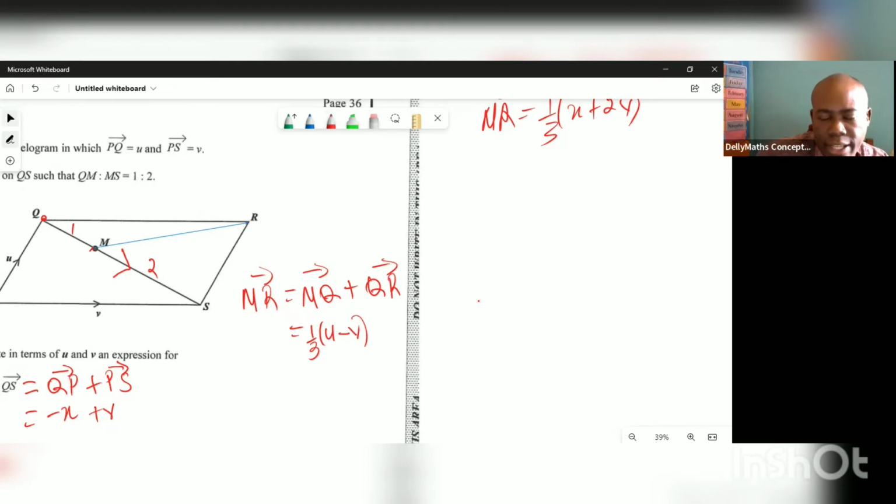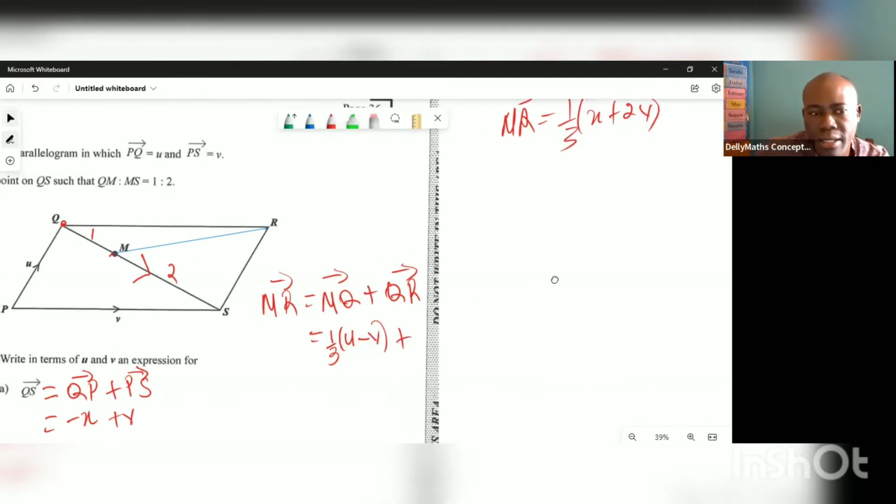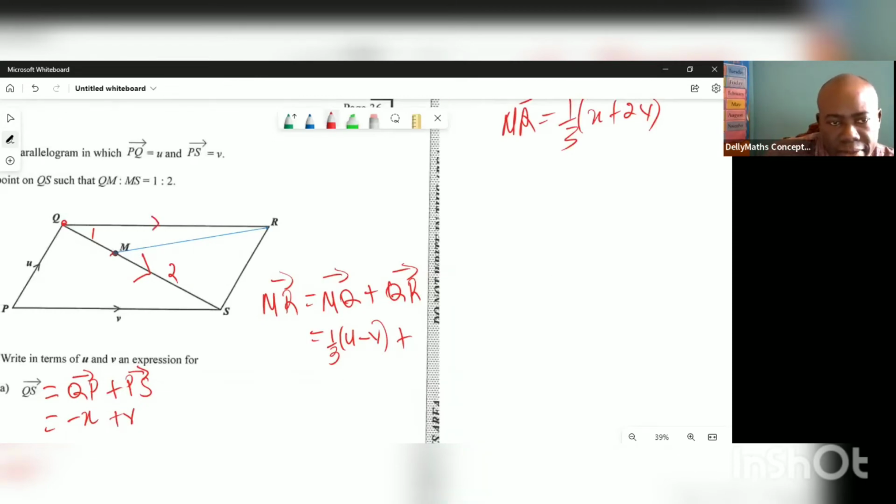So I'm changing the signs of the components. Originally I had a negative U, positive V, but I'm changing my direction, so it's going to be a positive U and a negative V. My QR would be the same because I'm heading in that direction and it's a parallelogram. So QR is V, just like this V.